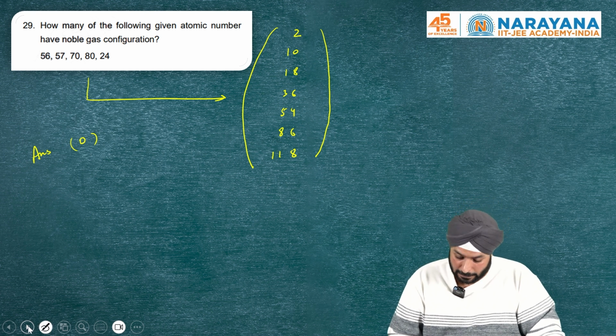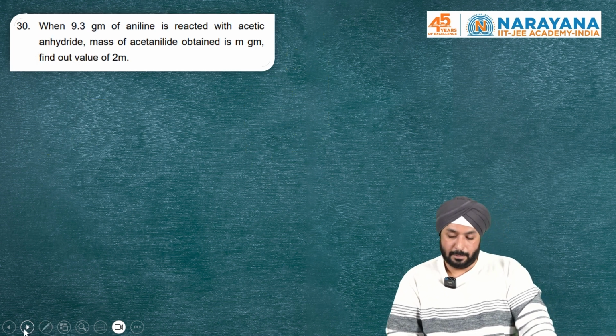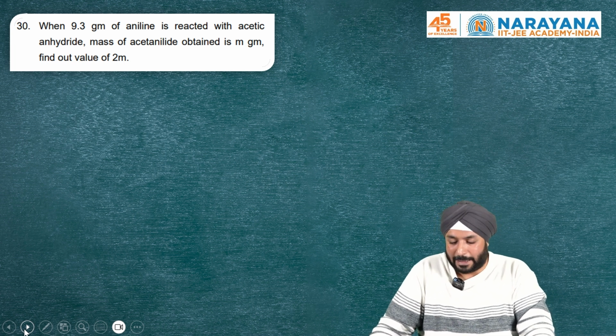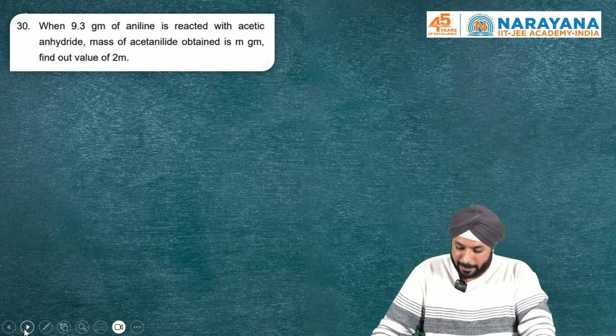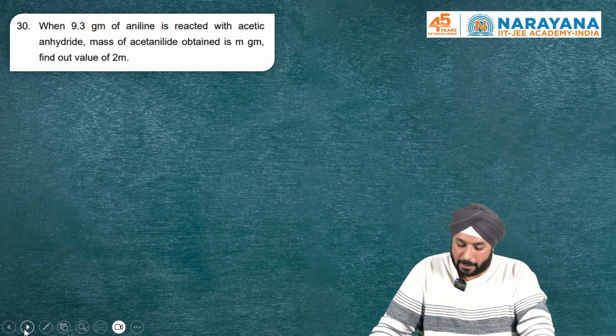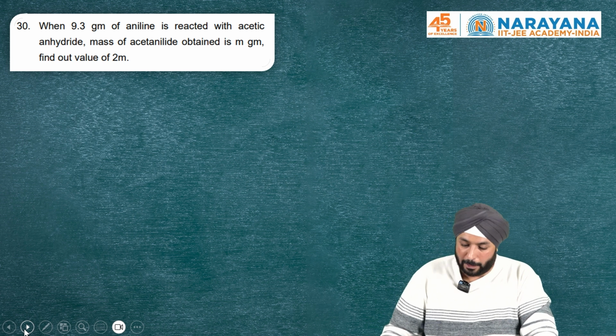That is question number 30. Here you have 9.3 grams of aniline reacted with acetic anhydride. The mass of acetanilide obtained is m gram. Find out the value of 2m.